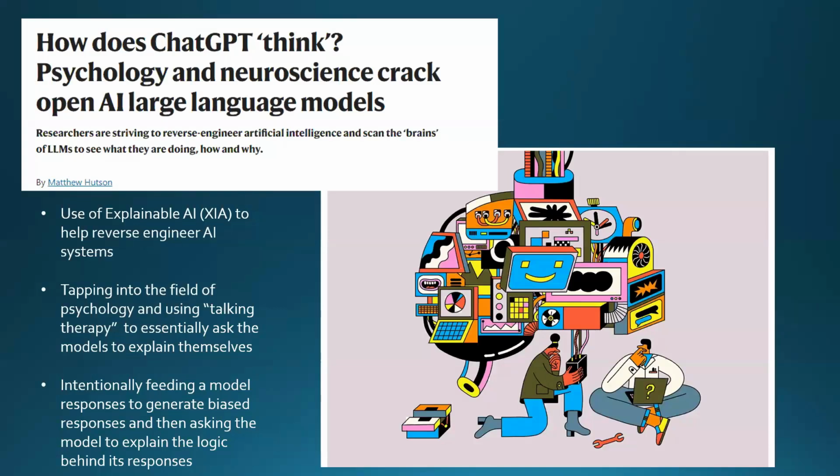It's actually a short 3-page paper in Nature, trying to better understand what's going into the decision-making of these models. And they're trying to use explainable AI to help reverse engineer to try to understand how the models work. And they're actually tapping into the field of psychology and trying to ask the models to explain themselves.